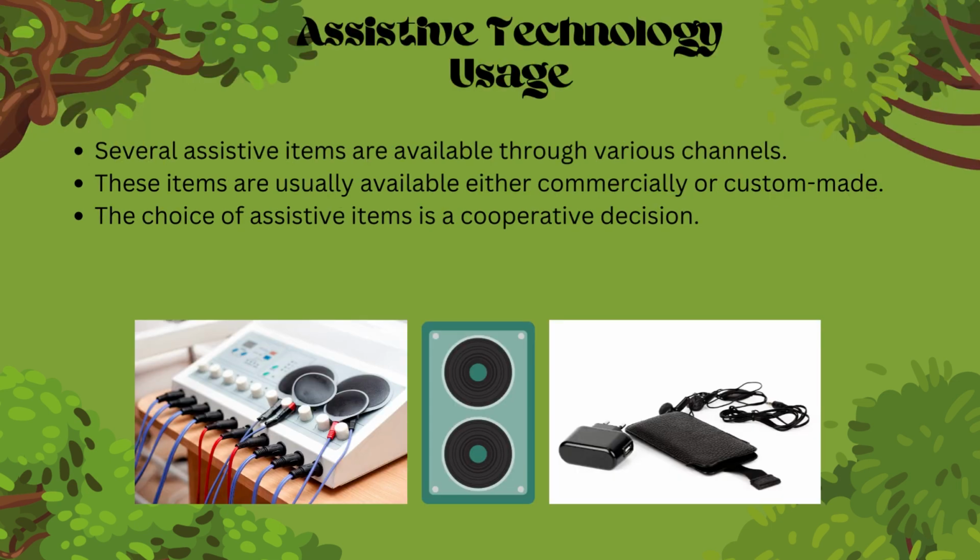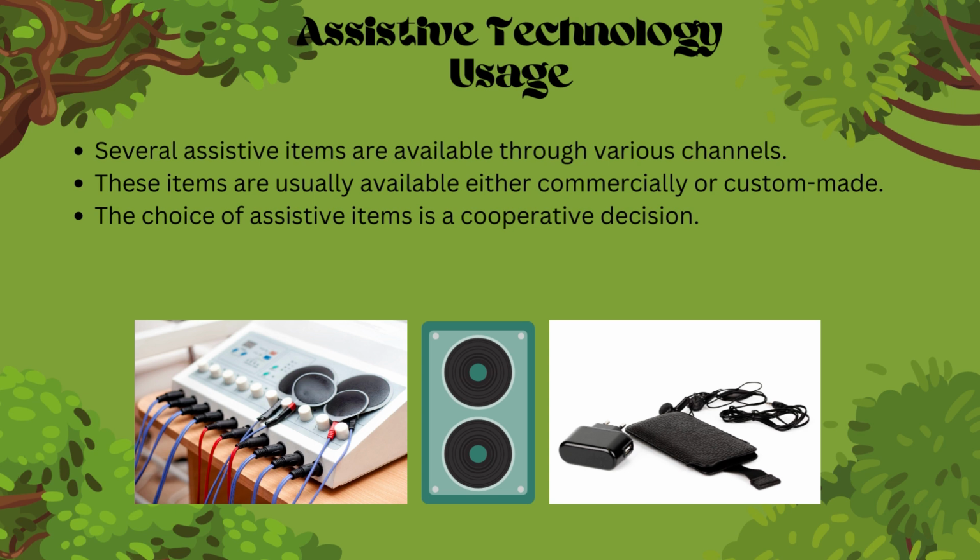Now, coming to the usage of assistive technology devices. Several assistive devices are available through various channels such as equipment vendors, shops, or catalogs and more. These devices or items are constantly changing and differ in price and quality. Some can be cheaper, some can be very expensive, high quality, maybe an international brand like that.